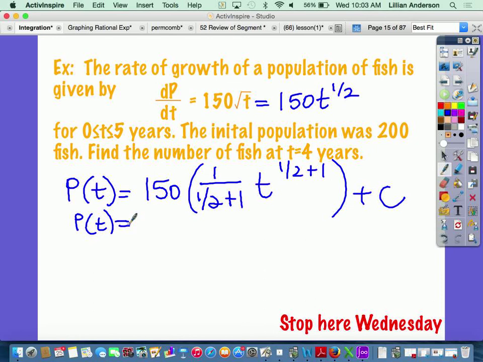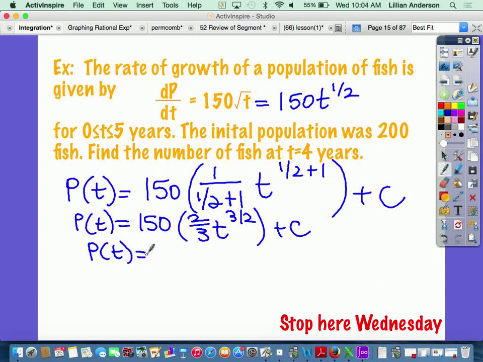So what's 1/2 plus 1? 3/2. So I have 1 over 3/2. That turns into 2/3. Very good. And when I multiply 150 by 2/3, you can still do this without your calculator. I know you can. It is 100. There's your general equation for your population function.